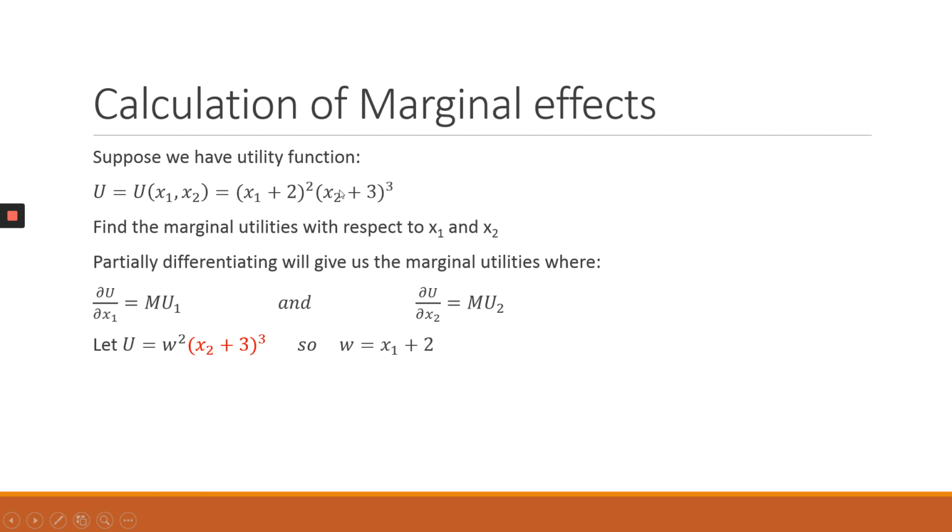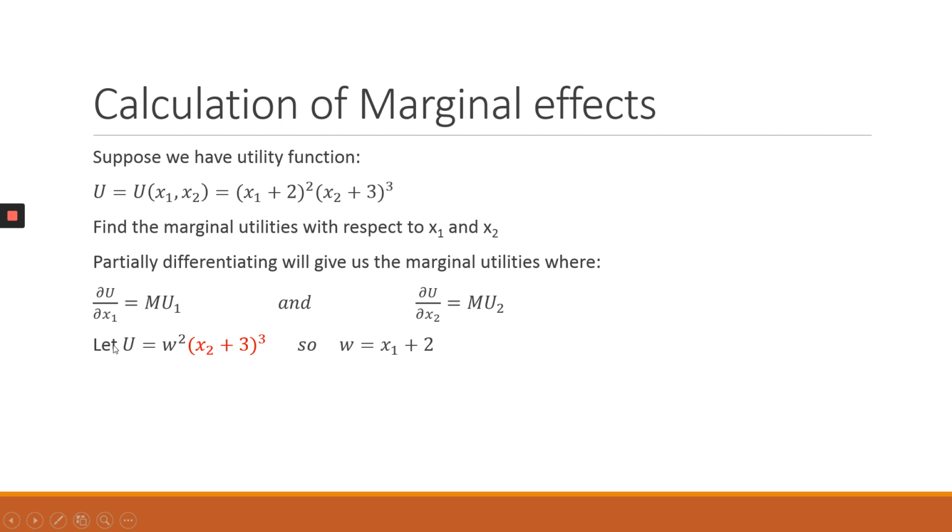But what we know is when we take a partial derivative with respect to one of the independent variables, the other independent variable will be behaving like a constant. So basically what we have there is the first bracket that has got x1 in it, and then the other bracket will be a constant, right?